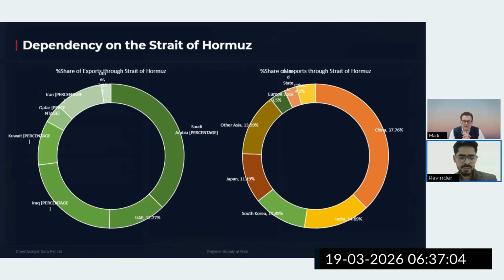Thus, this strait is the economic backbone of Middle Eastern countries. In the second graph, you will observe China, India, South Korea, and Japan are highly dependent on imports from the Middle East, which uses the Strait of Hormuz for trade. Therefore, Asia has come out as the most affected region due to this conflict, which you will see when I talk about price change in the polymers in the upcoming slides.